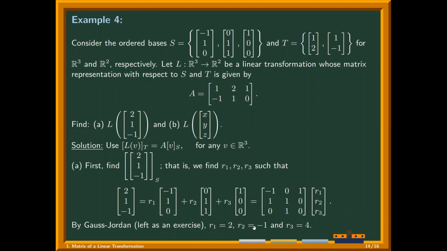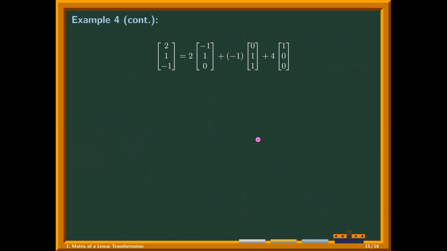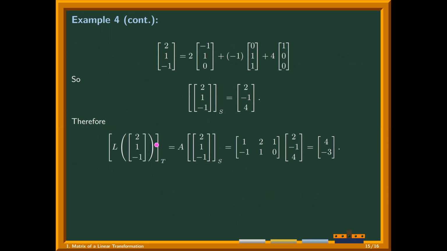Okay, so from this, we obtain the coordinate vector of (2, 1, -1) with respect to S: (2, -1, 4), coming from these scalars. And so, by our note at the beginning of the solution, the coordinate vector with respect to T of the image of the given vector under L is obtained by multiplying (2, -1, 4) by matrix A from the left.